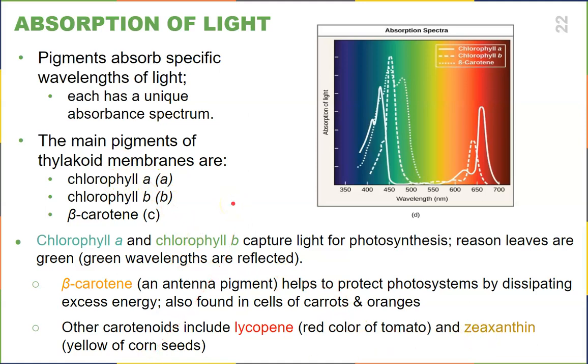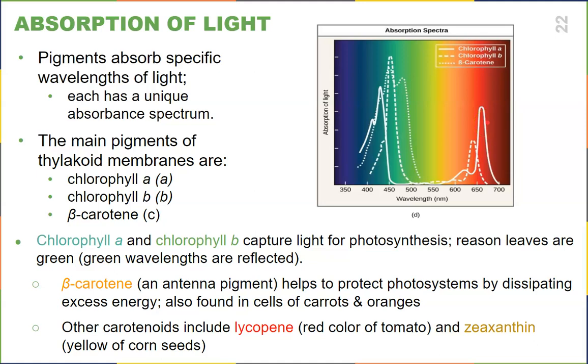And you might ask, well, why do we need multiple pigments? Well, if we take a look at this graph, you can see that each pigment peaks at a different part of the graph, and so they're going to utilize a different wavelength of light. So if we think about plants growing in the higher latitudes, towards the poles, like northern Canada, they're going to get a lot of red light just because of how they're oriented away from the equator.